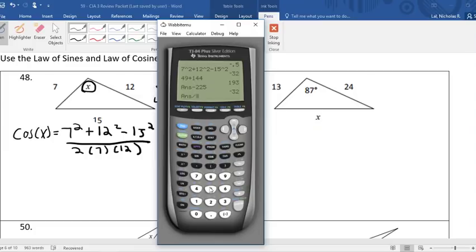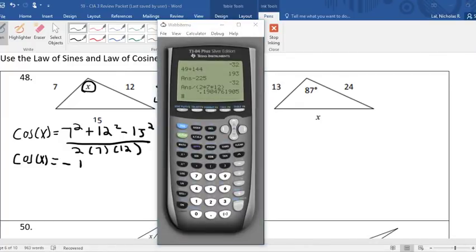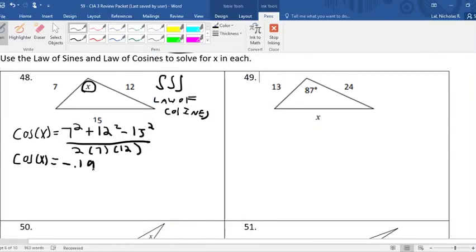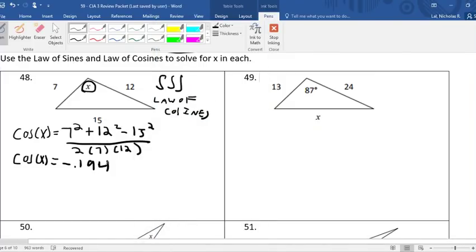Divide that by 2 times 7 times 12. That's going to give us negative 0.190476. So we have the cosine of x is going to be equal to negative 0.190476.